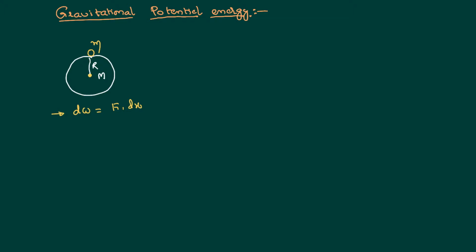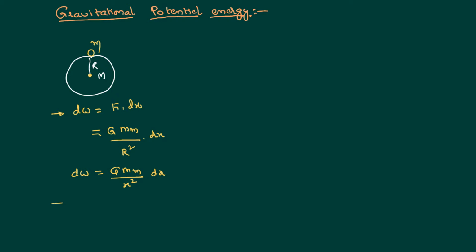We know the force between the two bodies according to Newton's law of gravitation is G m1 m2 by r squared. In general terms, we can write dW equal to G m1 m2 by x squared dx, assuming the separation is x.